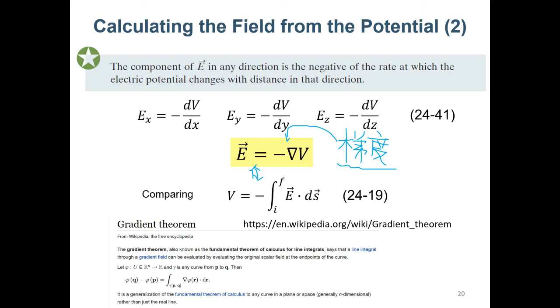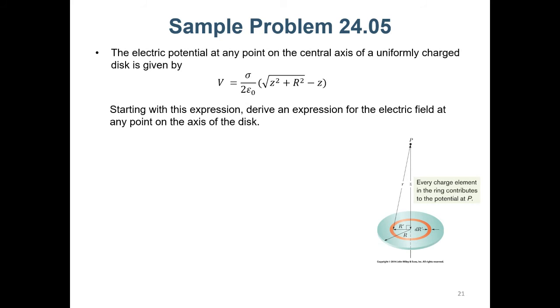So actually, E can be written as negative partial V partial x in the x-axis, negative partial V partial y in the y-axis, and negative partial V partial z in the z-axis. I think this stuff is very interesting.